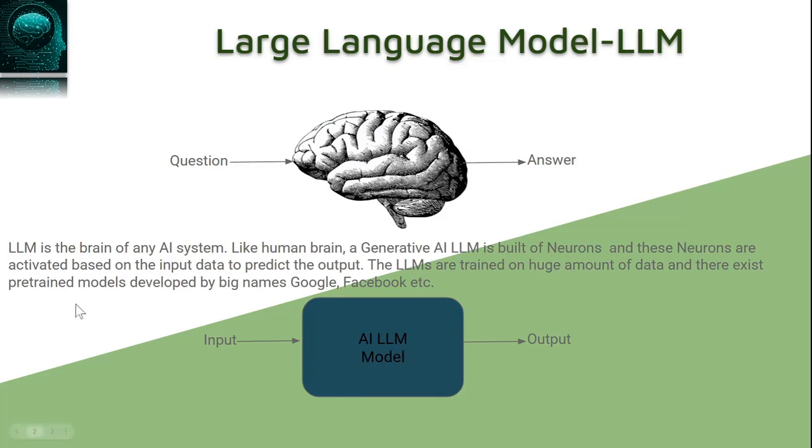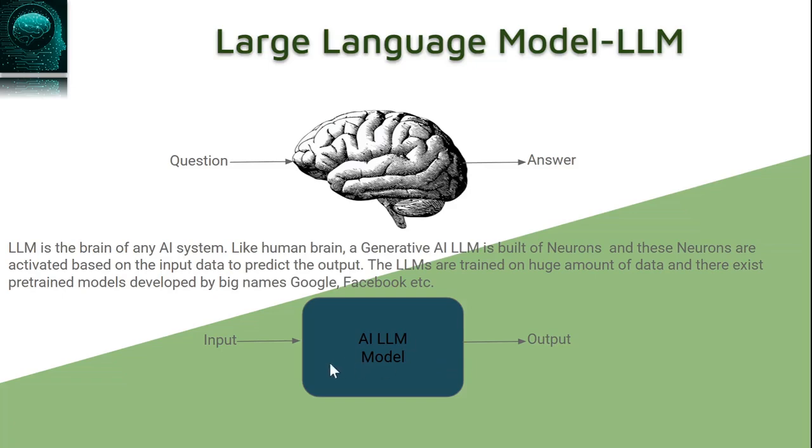As I said, there exist pre-trained models. For our development, we will use one of the pre-trained models just to understand how an LLM works. And after that, we will introduce some new concepts, or we will train a new LLM model with our data.